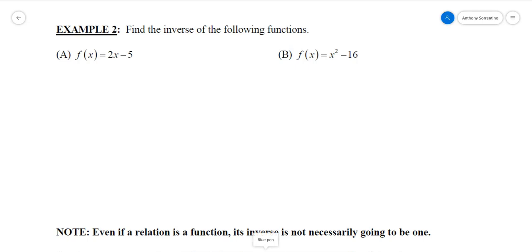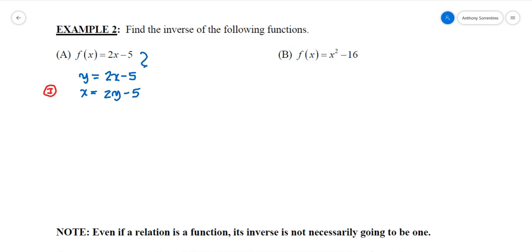Well, the first thing I do, if it's written in function format, is replace f of x with y. And now I'm going to do the inverse. I usually indicate that I've done an inverse by putting a little I there with a circle. This is just my notation for it. The reason I want to note that is because if I put x in the place of y and vice versa, I'm changing what the x and the y are standing for.